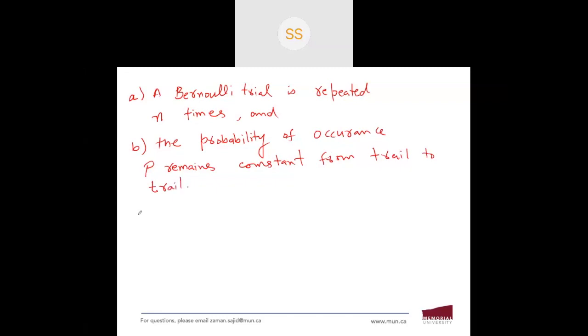Now the third is the repeated trials are independent.